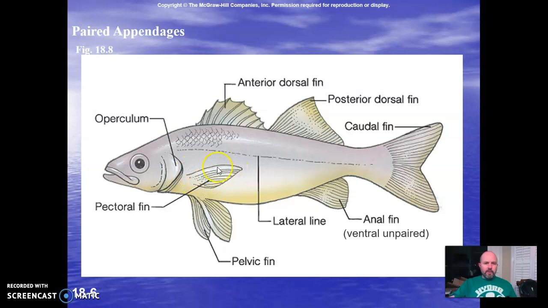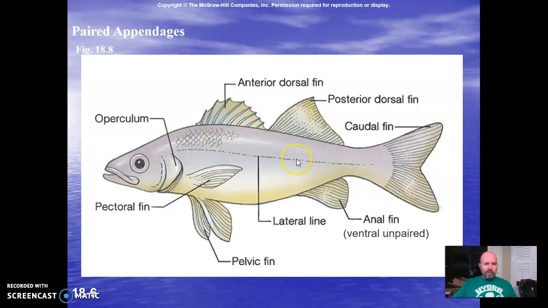Pectoral, which if you know anything about human anatomy, you probably know that the pectoral muscles are the breast muscles. Those are the fins that attach to those muscles, and they also have pelvic fins, which is another set of paired fins that attach to the pelvic bone. Those are very close together in the fish. In us, they are separated from our chest to waist area.